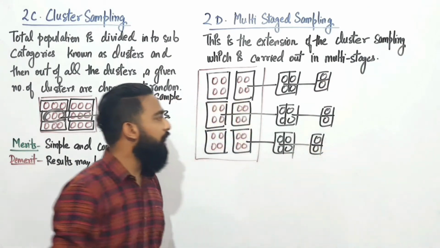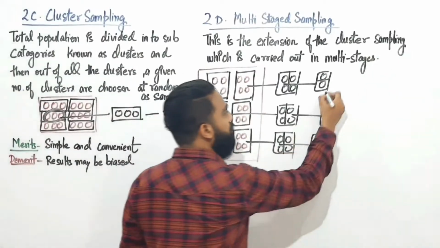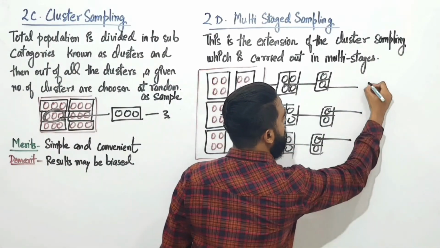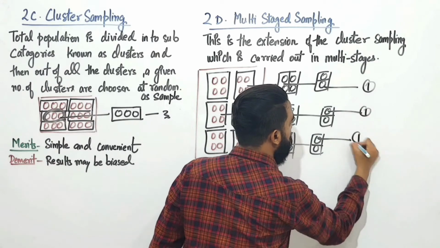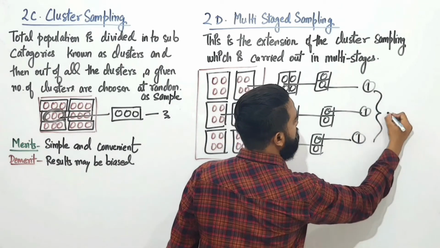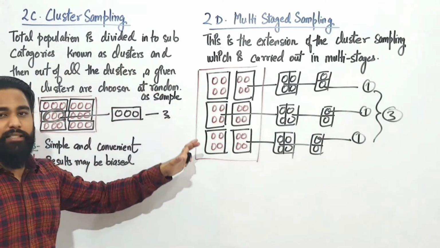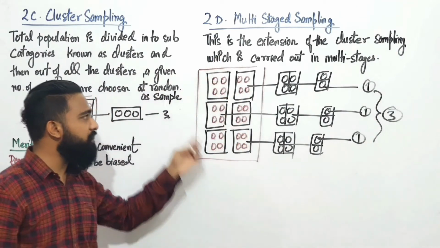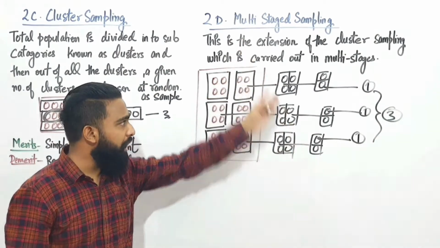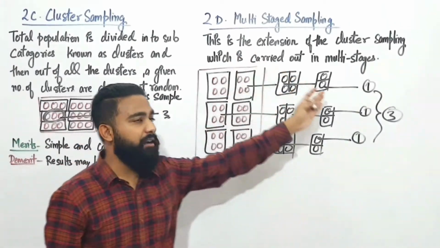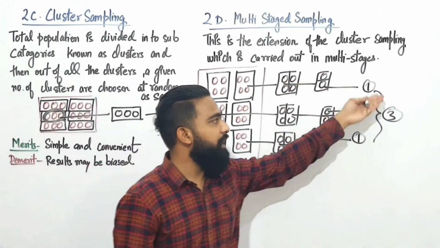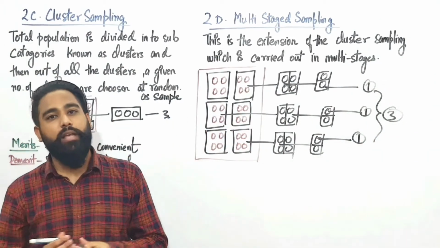Again 6 are there, and from these 6 I am going to select randomly any one of them. Now combining this, I have got 3 samples again. So this is multi-stage sampling. You make the clusters, you select a few, and again you divide them and select a few, and again you divide them and select the required number of samples.